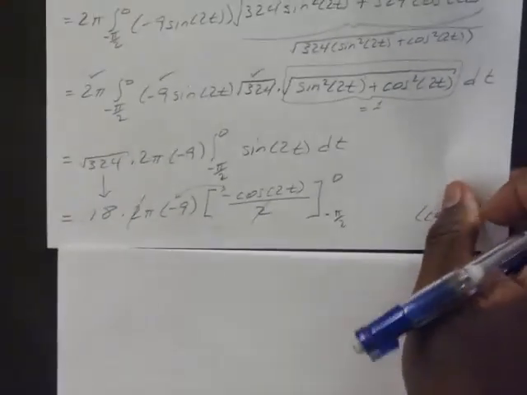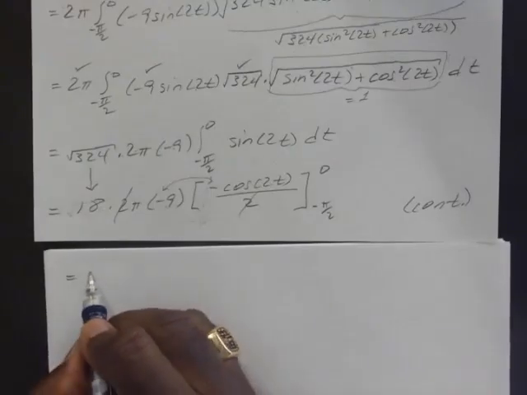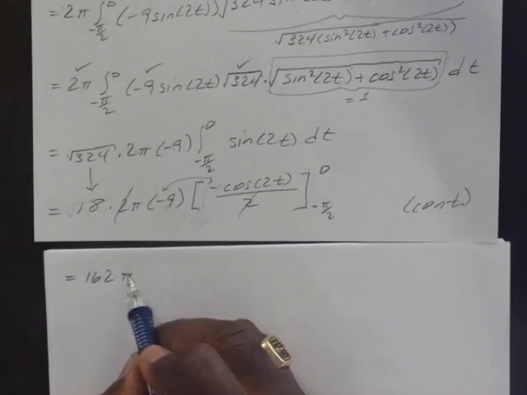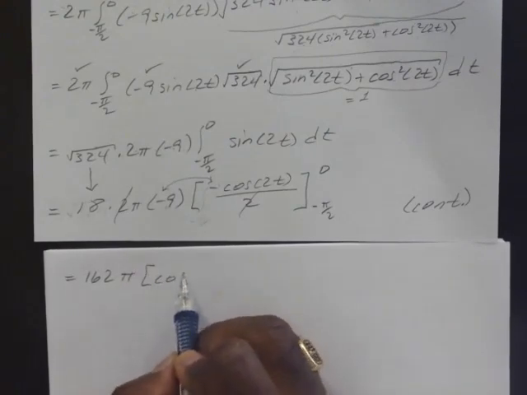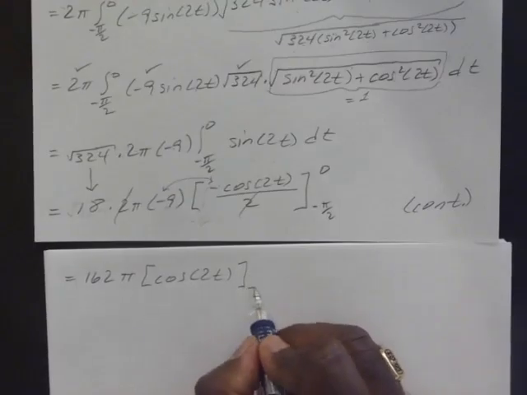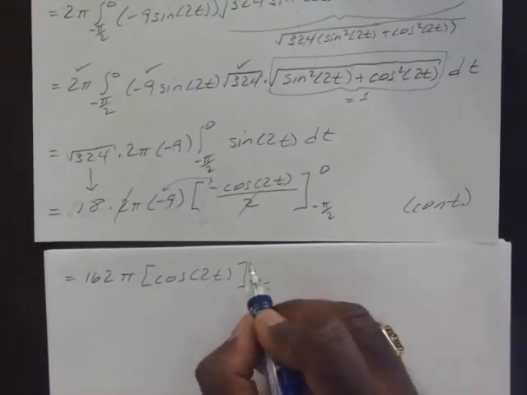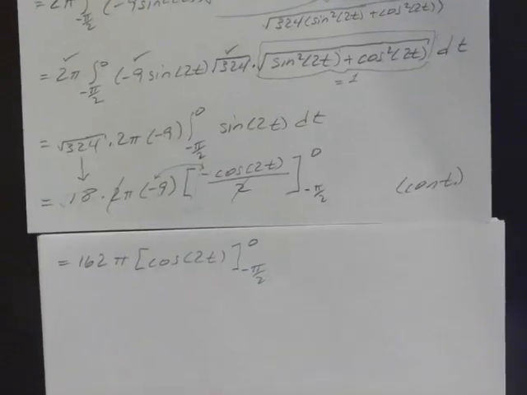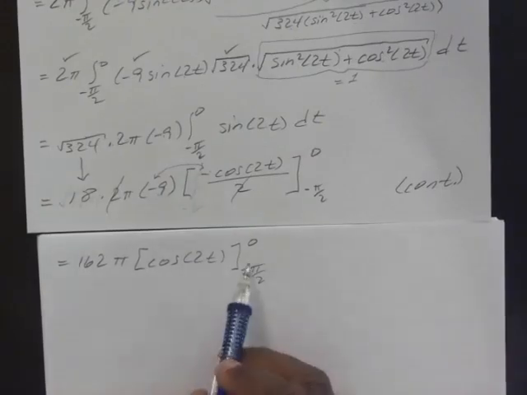And so that gives us 162 pi times cosine of 2t from t equals negative pi over 2 to 0.